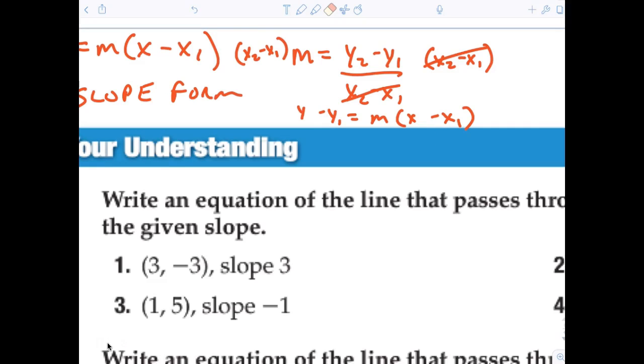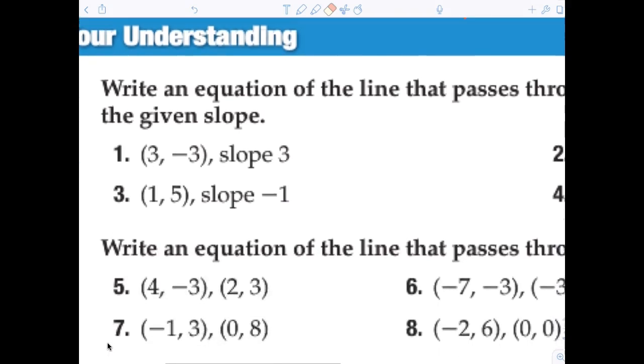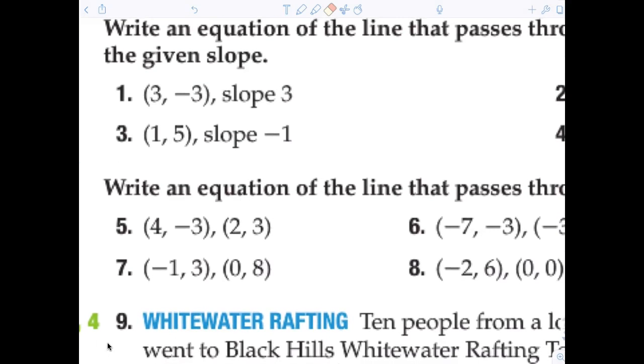We'll be given the m and we'll be given a point. What exactly does that mean for you? Let me show you how simple the problem is. Look at question number 1. To review, this 3 right here is called x1.